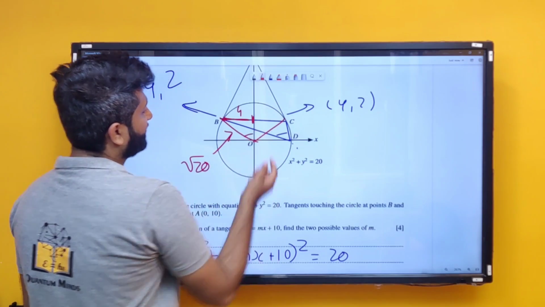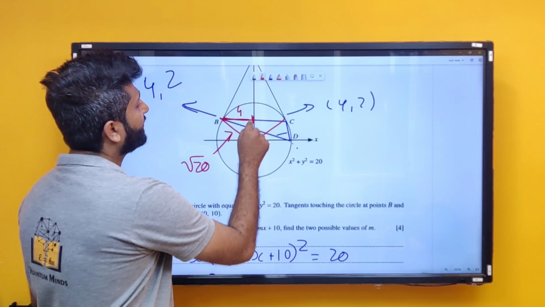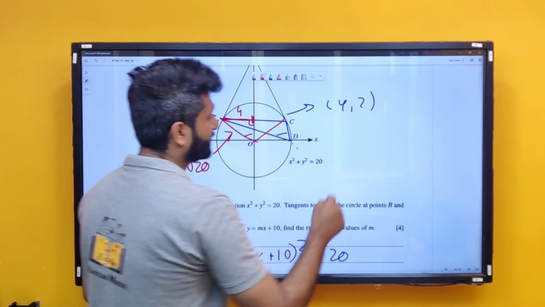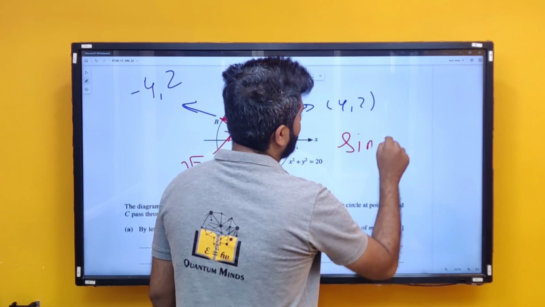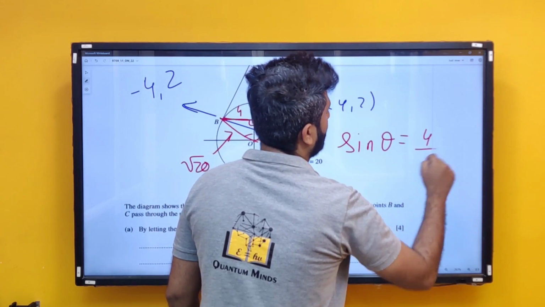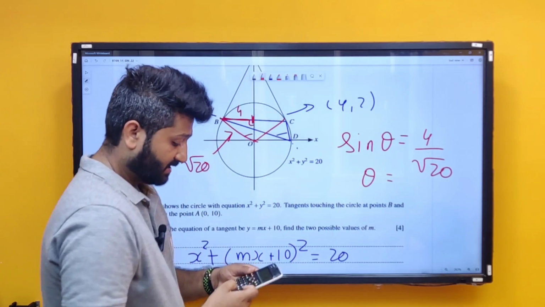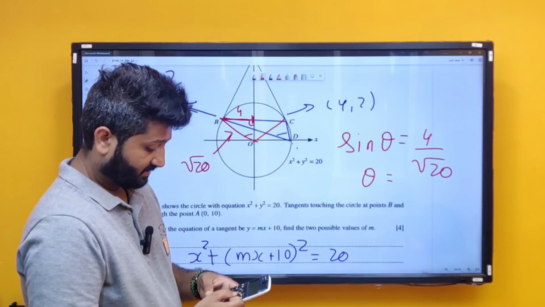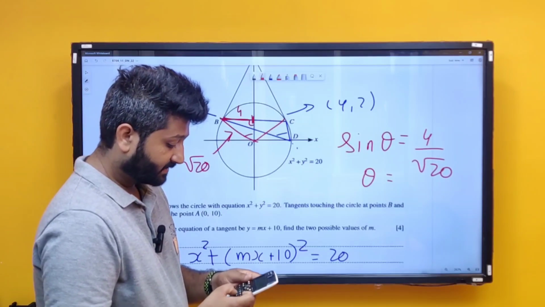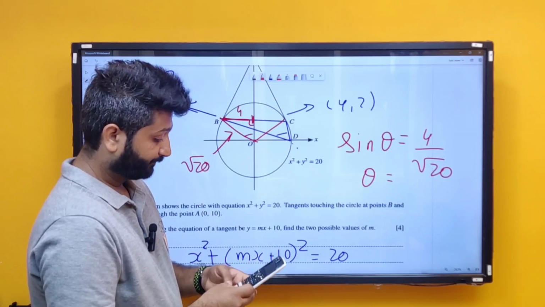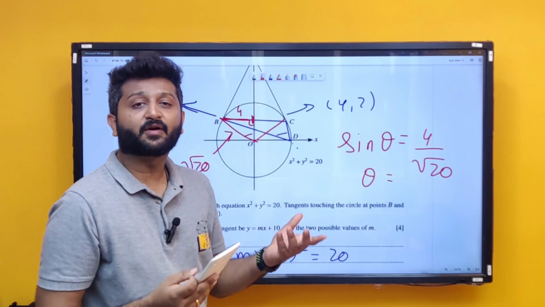So can I find this angle? Yes, I can. This is 90 degree. This is opposite and this is hypotenuse. So let us use sine theta. So sine theta is equal to 4 by root 20. So theta is sine inverse of 4 by root 20, which is 63.43.